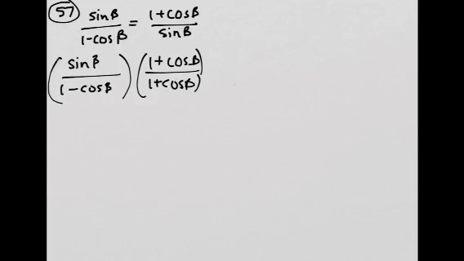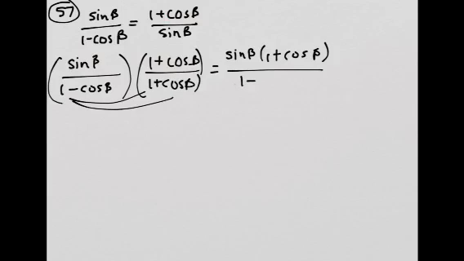Okay, so in the numerator, I'm going to keep it factored, and the reason why is because I noticed that my goal has this as the numerator, and see how I have it right here? So I'm going to find a way of canceling, getting rid of that. Okay, so right now I'm going to write it in factored form, like this, over, and the denominator is 1 minus cosine squared beta, because when you multiply right here and here, you get that.